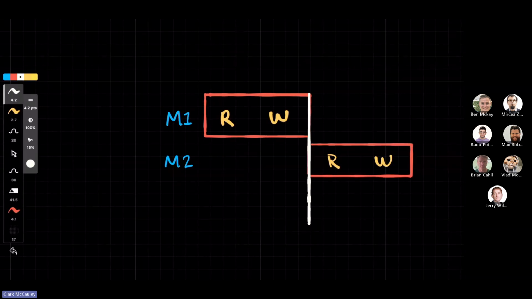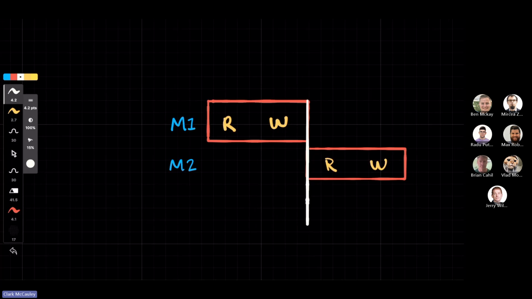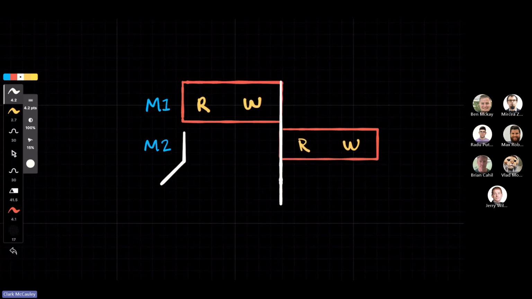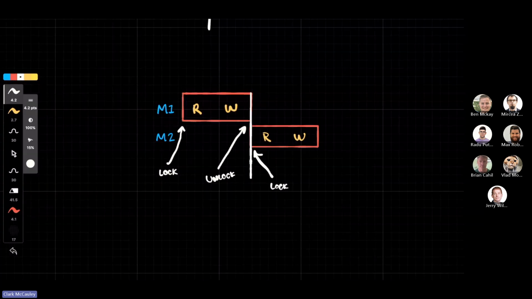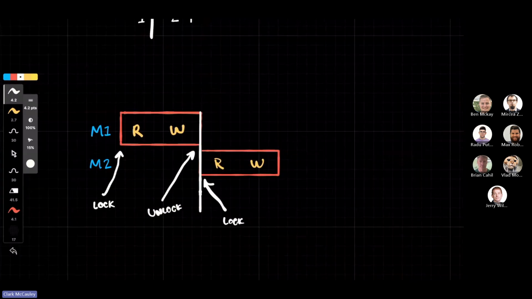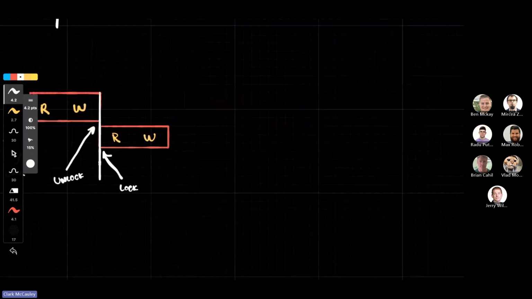So the API that Go gives us to do this on the mutex is that when we begin an operation right here, we want to be able to call something called lock. We want to take a lock. And when we're done with the operation, we want to call unlock. And I'll show you what this looks like in code in a second. And then we do the same thing here, lock and unlock. Well, actually, let me show you one other thing.